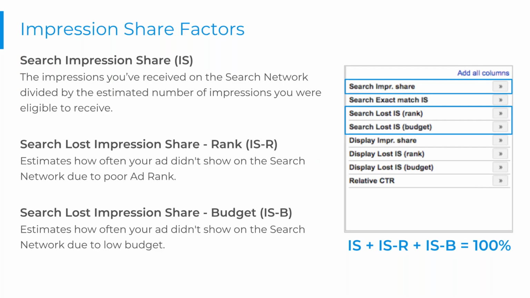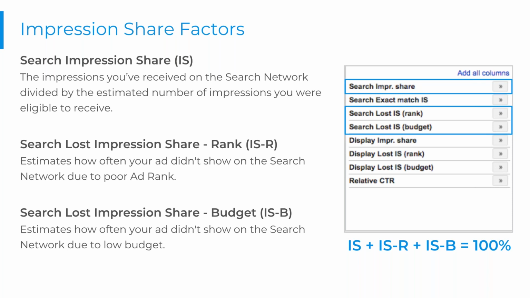Impression share factors. These are three metrics that work together and impact each other. As mentioned, search impression share is the impressions you've received on the search network divided by the estimated number of impressions you were eligible to receive. There are two other metrics that show a percentage of lost impressions, and they're split by budget and rank.